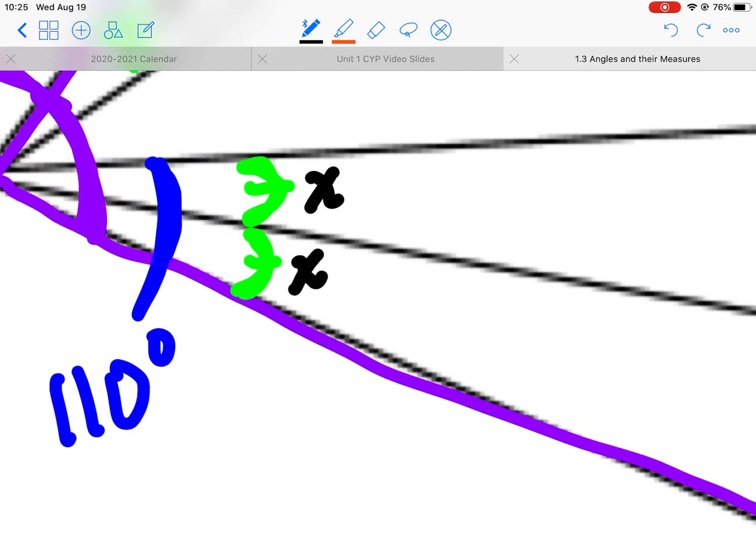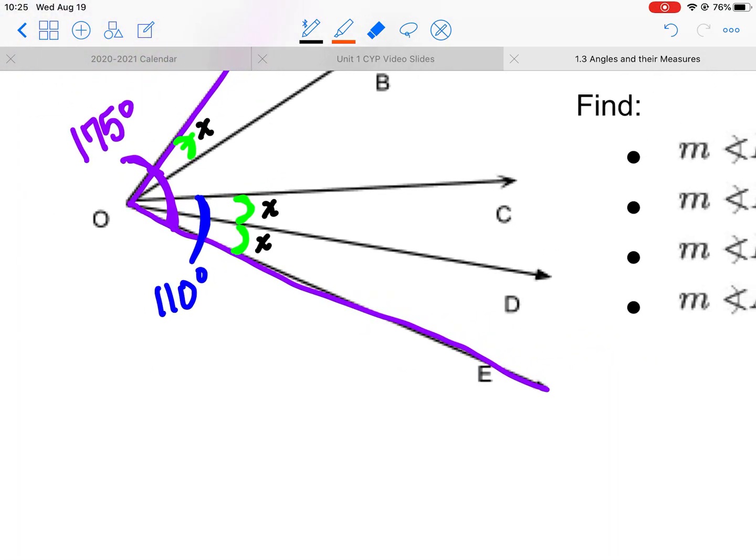But if I look at these two X's, those line up with this 110 degree angle. So I could find these by using my angle addition postulate. Since we have so much to do, I'm not going to write out the postulate each time here, but whenever I'm looking at COE, that is 110 degrees.